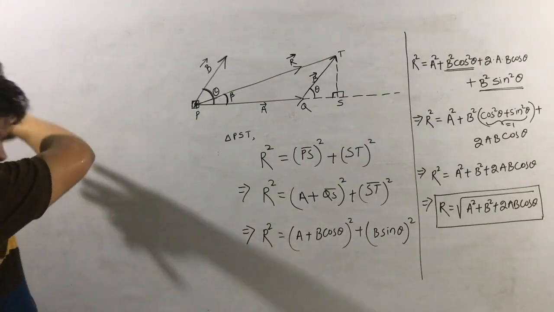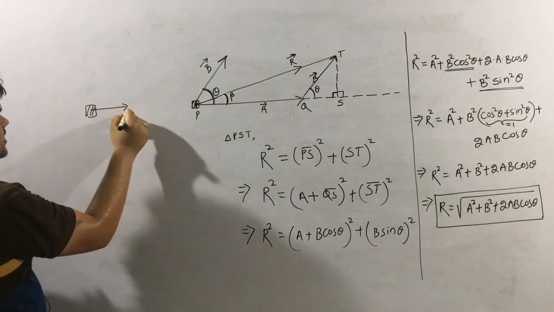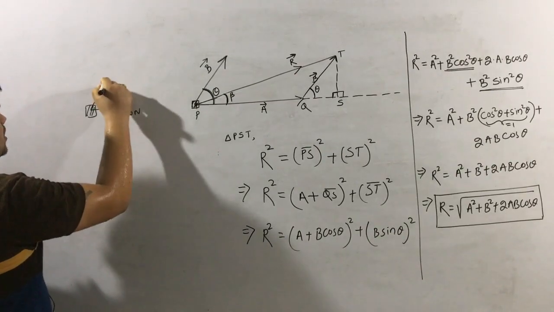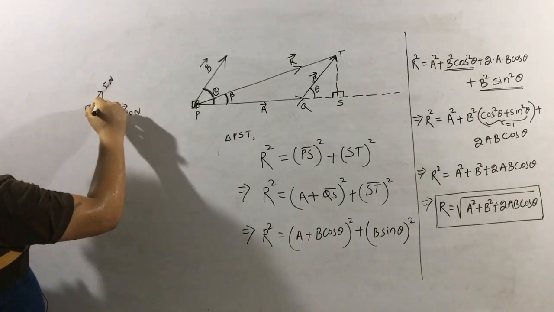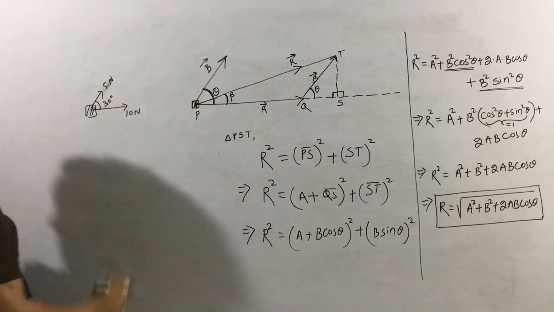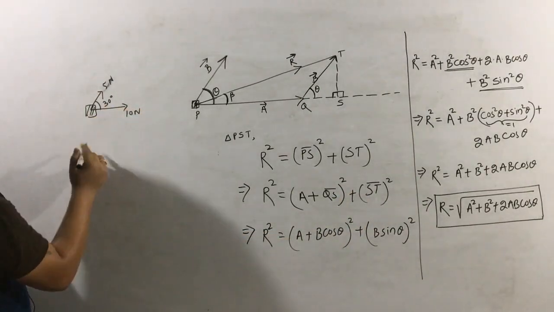Now the question is the same. There is an object on which a 10 Newton force and a 5 Newton force are acting at an angle of 30 degree. Find the resultant. Use that formula; you don't have to draw the triangle law.